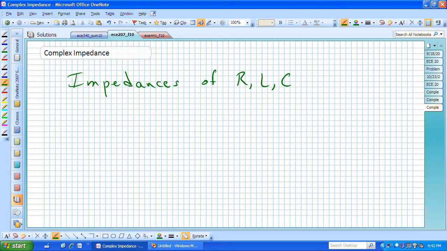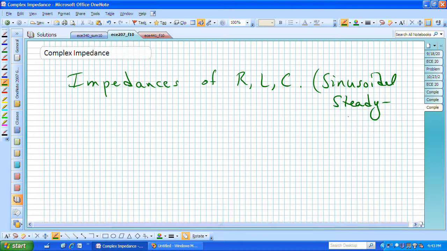So here we have impedances of R, L, and C in general. Those we are concerned with when we have sinusoidal steady-state conditions in our circuit.